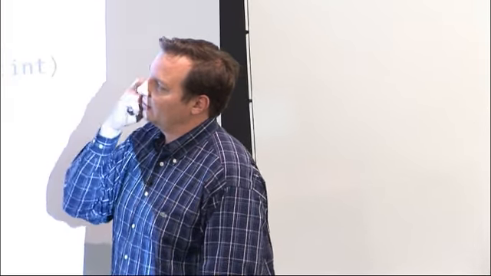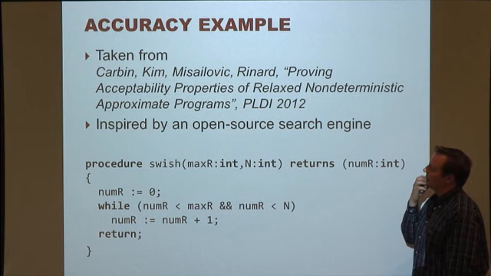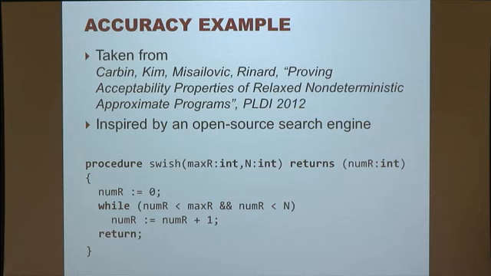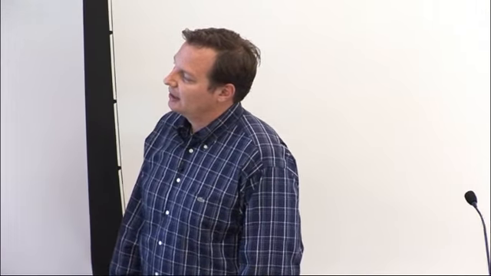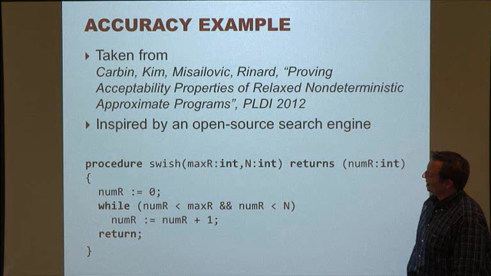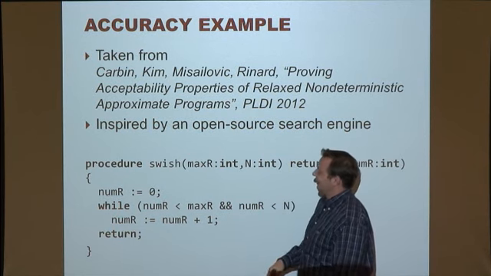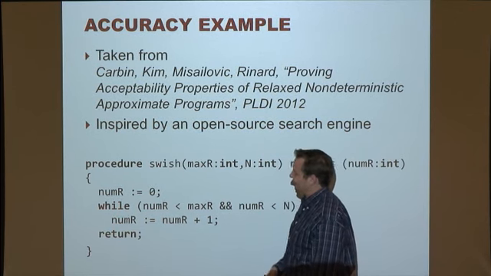Switching to accuracy, we took a few examples from this PLDI 2012 paper that was proving acceptability properties for approximate programs using Coq. These are pretty small examples. Here is one of their examples. It's a highly abstracted search engine called Swish.